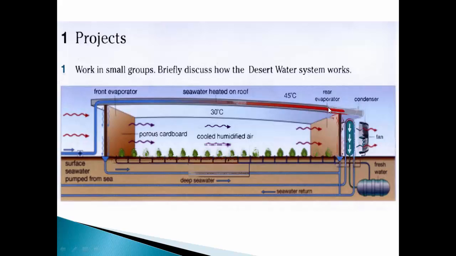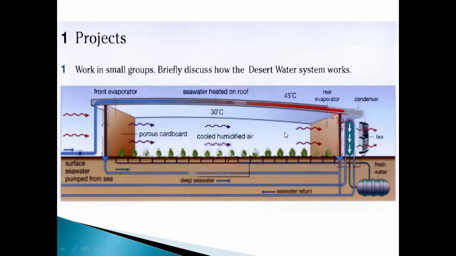Here, having been heated by the sun from the top, more seawater trickles down to the cardboard evaporator, saturating or filling up the air with water vapor. So the water vapor will be here.